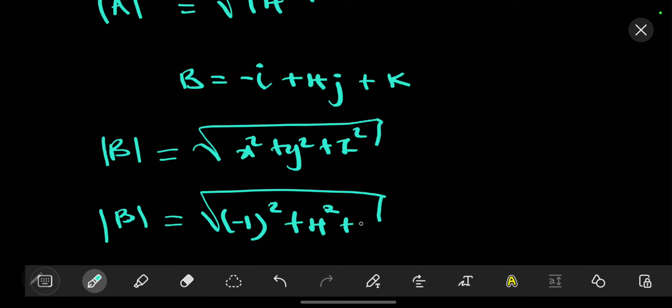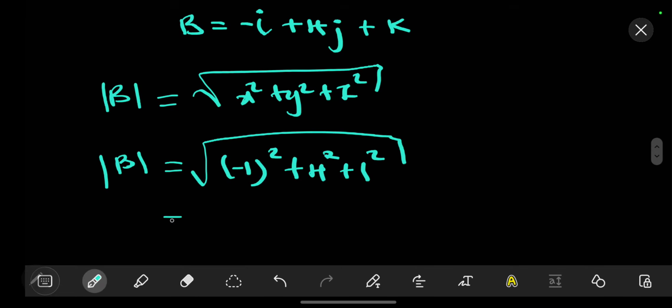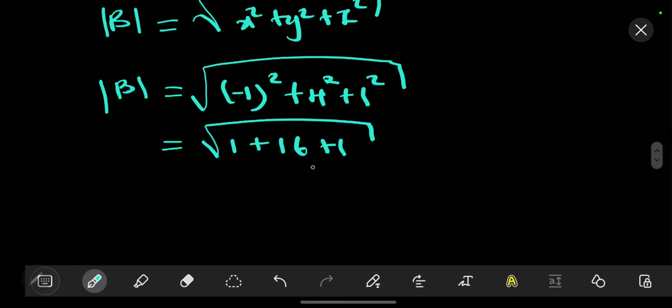Then plus our k component, which is 1, also squared. After squaring these values, negative 1 squared gives us positive 1, plus 4 squared gives us 16, plus 1. So 1 plus 1 is 2, plus 16, that's the square root of 18. So this is how we find the size of b.